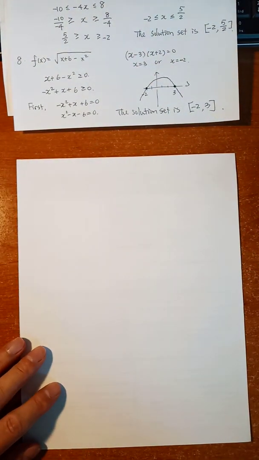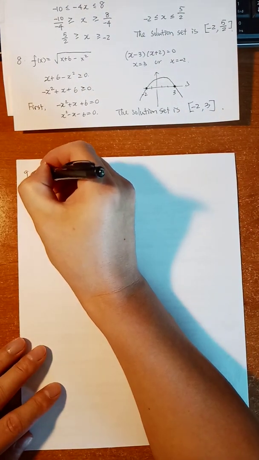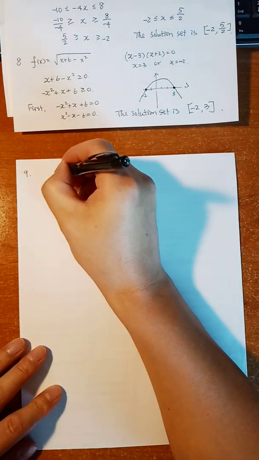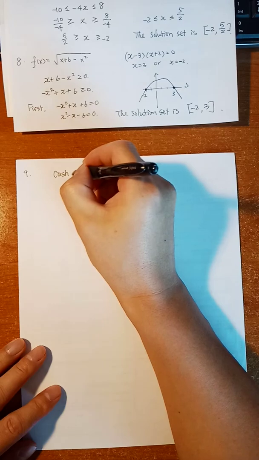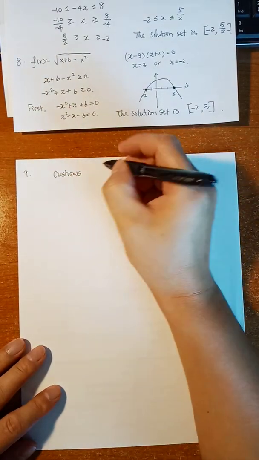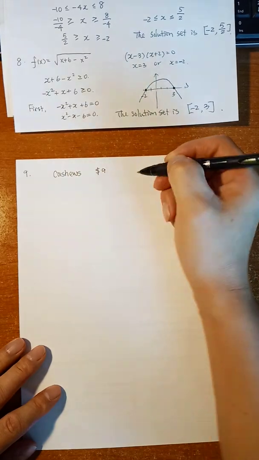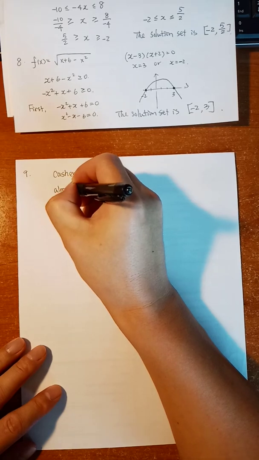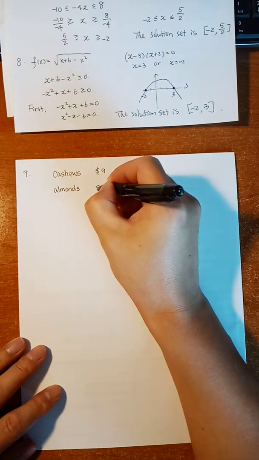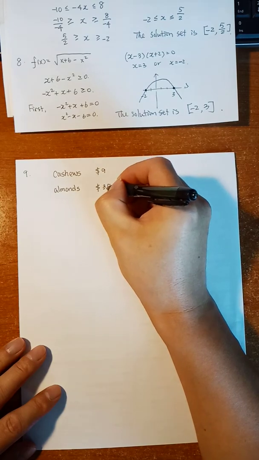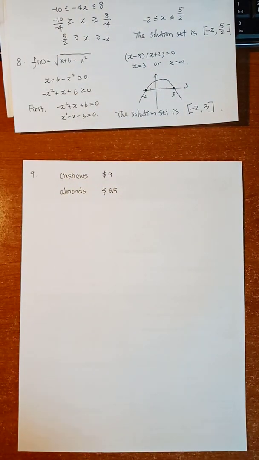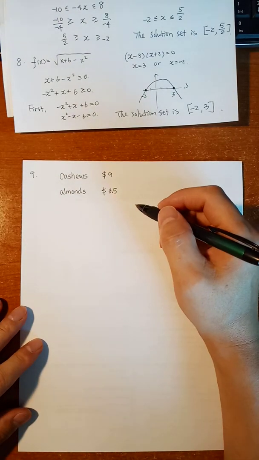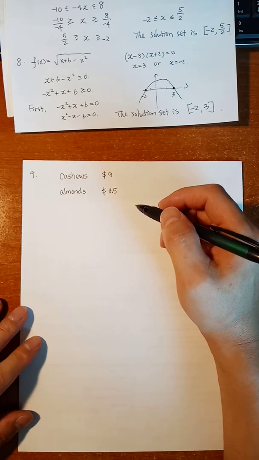So now let's look at problem 9. Problem 9, we're talking about sale. So we have cashews. The price is $9 per pound. We also have almonds. The price is $3.5 per pound. The question says the manager decided to mix 60 pounds of almonds.